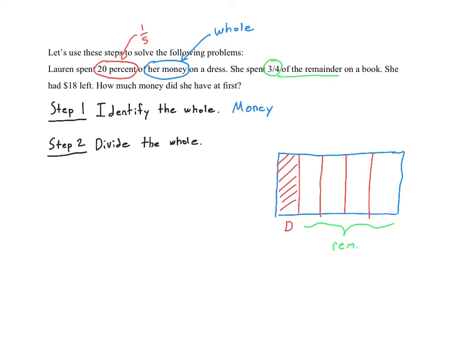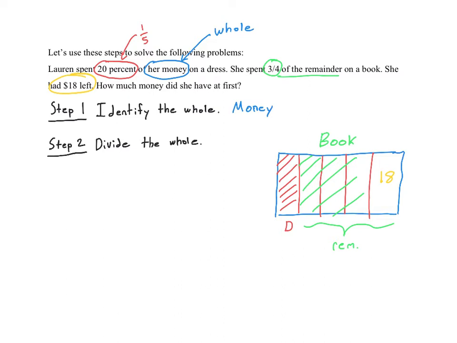So we're told that 3 out of those 4 are spent on the book. So let's shade in that amount. This is the book. And the final piece of information that we have is the leftover amount. The leftover of the division is 18. So this amount here is 18 leftover.